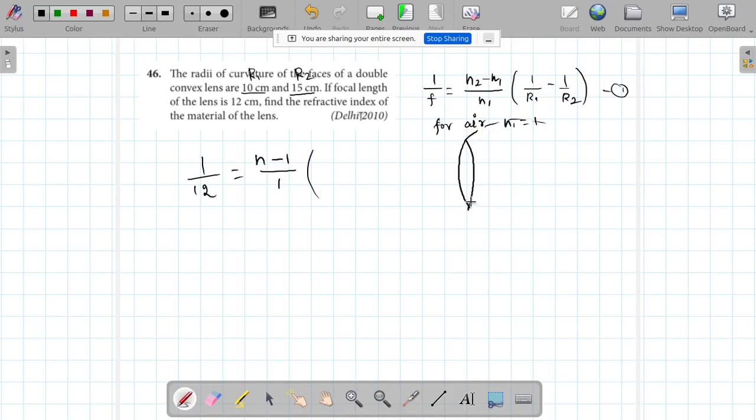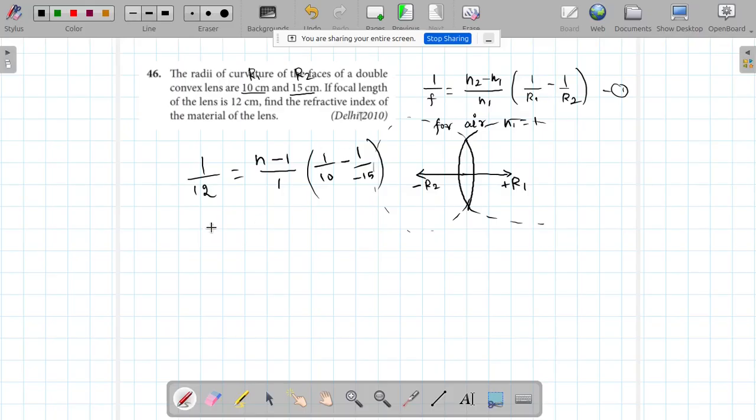This side is R1, the center of the spherical surface, and the back side is R2. So R2 is negative, R1 is positive. Therefore, this is 1 by 10 minus 1 by minus 15. One of the faces is positive and the other side is negative. So usually you go for this convention: right side is positive, left side is negative.